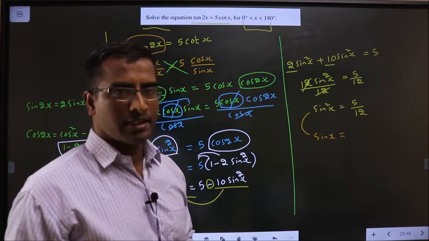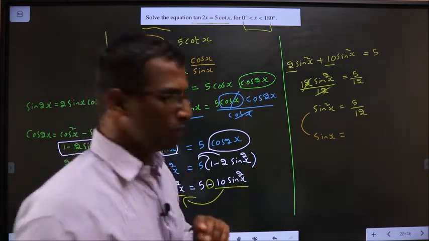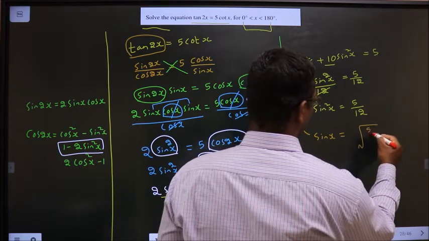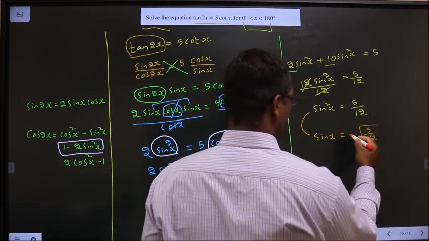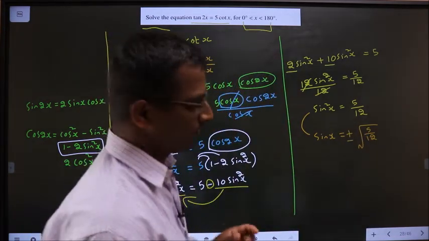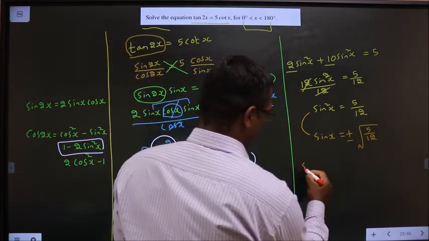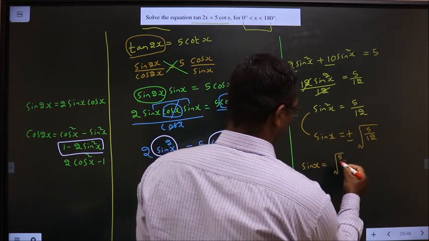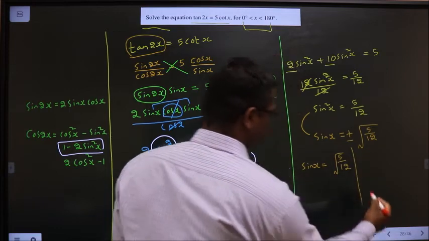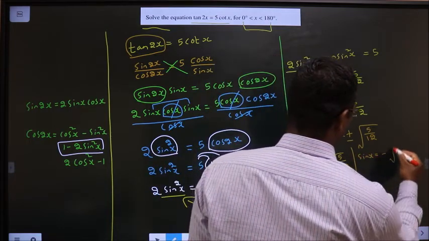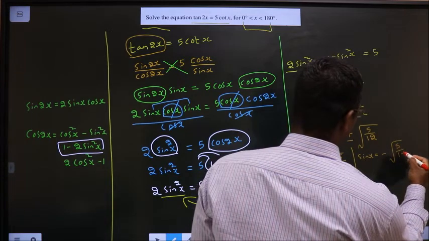Whenever square gets shifted, it will become square root. So square root of 5 by 12. And for square root, you will take both positive and negative. So now sin x equal to either positive under root 5 by 12 or sin x equal to negative under root 5 by 12.